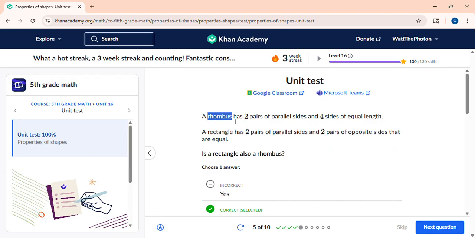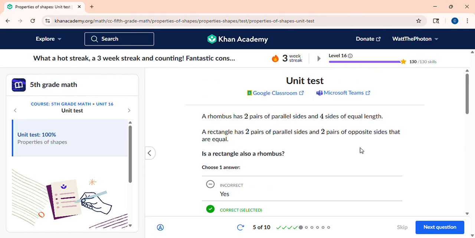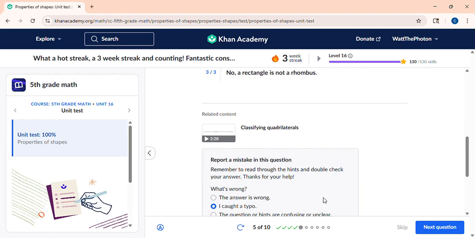A rhombus has two pairs of opposite sides that are equal. I guess it's a typo. Two pairs of opposite sides that are equal. Different opposite side lengths.